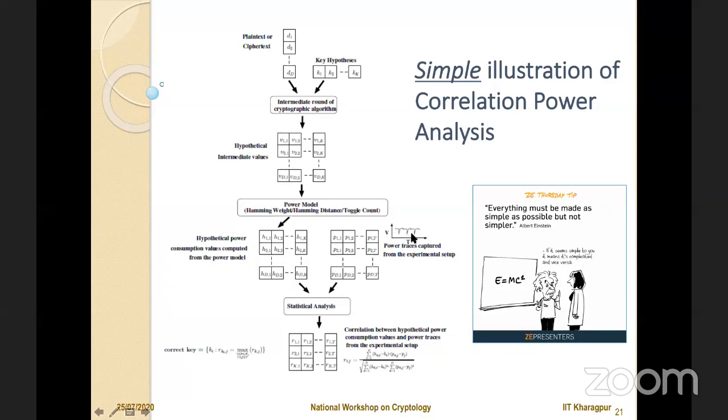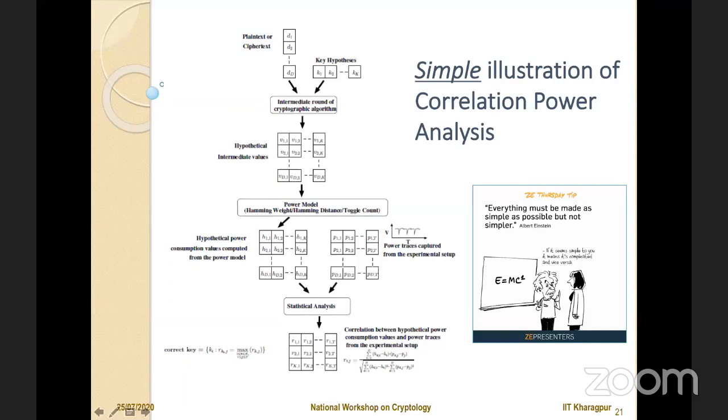This power trace shows the plot of the voltage with time, and it is also represented in the form of a matrix. Remember that you are doing D encryptions. For every encryption you get a power trace: the first encryption gives a power trace, the second encryption gives a power trace, and likewise for D encryptions, you get D power traces.